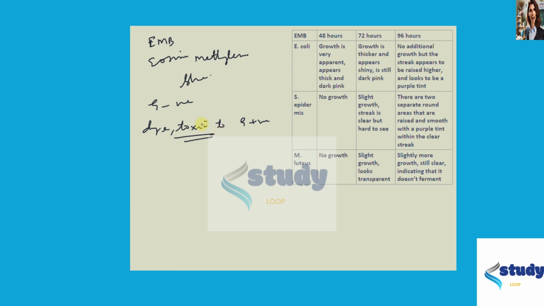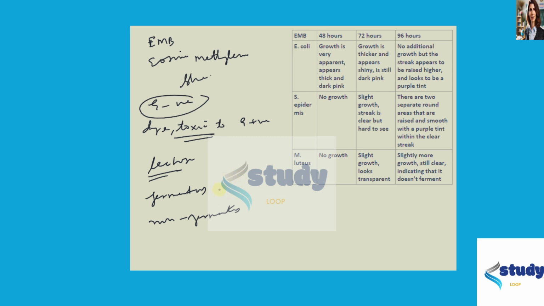So they are being selected, and in case of the differentiation, it contains lactose, and so we can differentiate between fermenters and non-fermenters among the gram-negative bacteria.